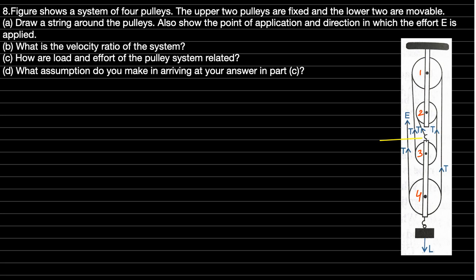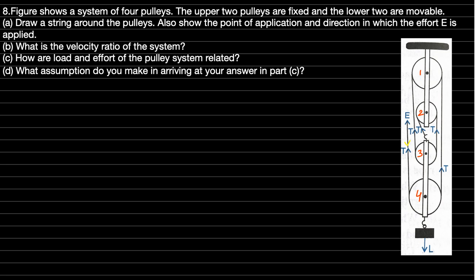There is a small mistake over here. The mistake is going to be the tension. The tension is going to act in the downward direction here. Draw a string around the pulley, so we are clear with this.